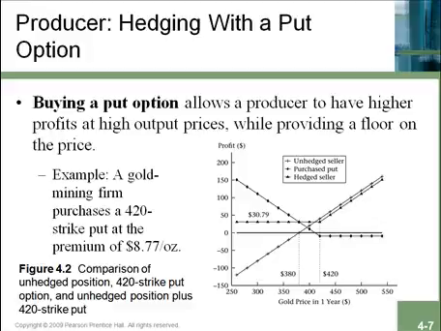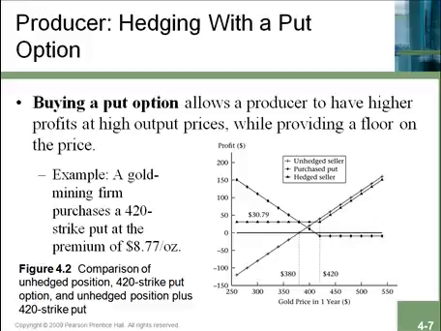In this case, the strike price on the put option is $420 per ounce. So Gold Diggers is assured that they will get to sell that predetermined quantity of gold at $420 an ounce if they so desire.